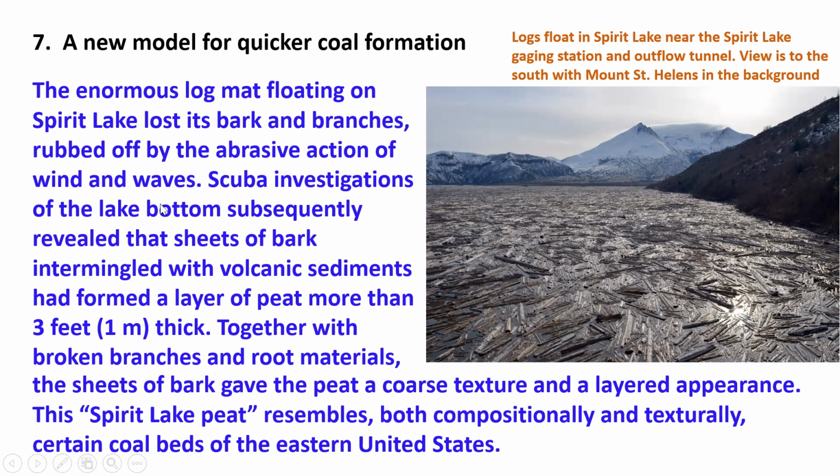Scuba investigations of the lake bottom subsequently revealed that sheets of bark intermingled with volcanic sediments had formed a layer of peat more than 1 meter thick. And together with broken branches and root materials, the sheets of bark gave the peat a coarse texture and a layered appearance. So like many layers.